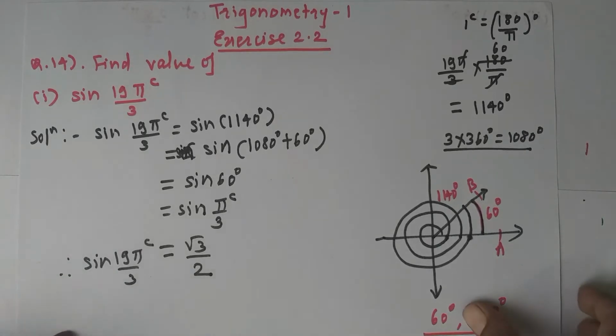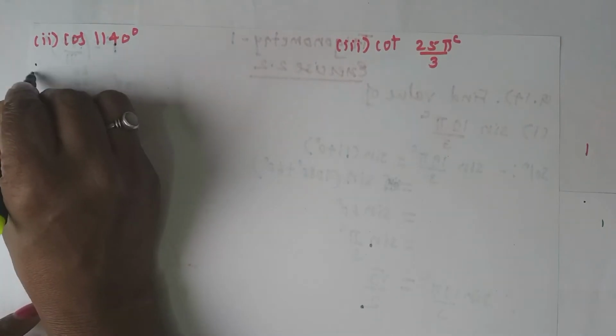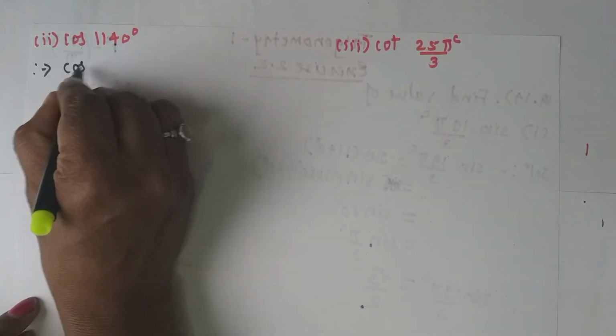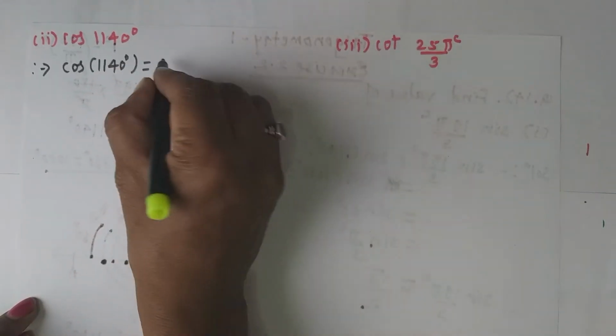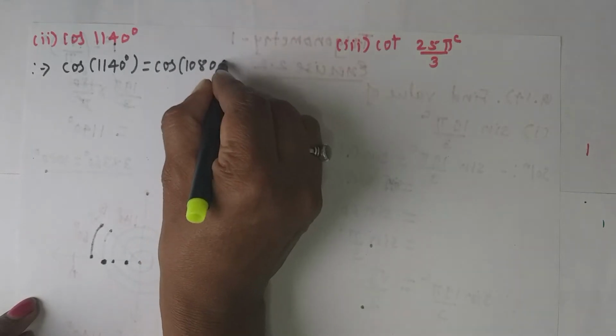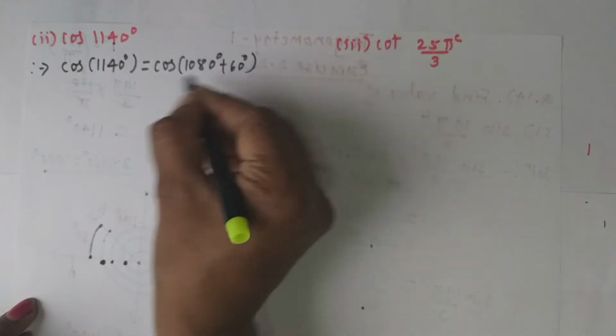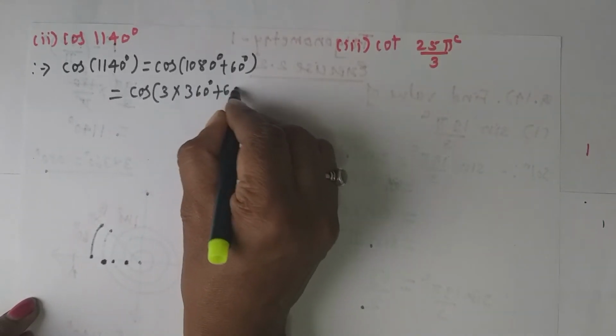Okay, let's see the next. What is the next problem? Find the value of cos 1140 degrees. Again in the solution, the angle is already given in degrees. As we have seen in the previous problem, this is 1080 plus 60 degrees, meaning 3 times 360 degrees plus 60 degrees.